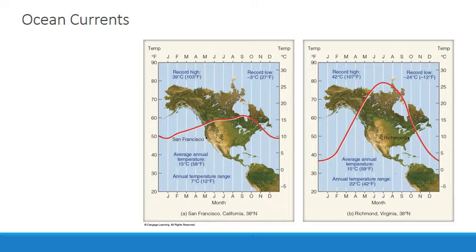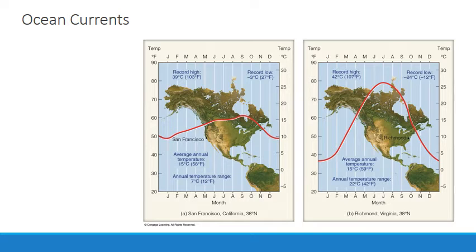Ocean currents are responsible for the dramatic difference in annual temperature range for San Francisco and Richmond. Remember from the temperature data presentation that we looked at these two cities, which have the same average temperature and are at the same latitude.